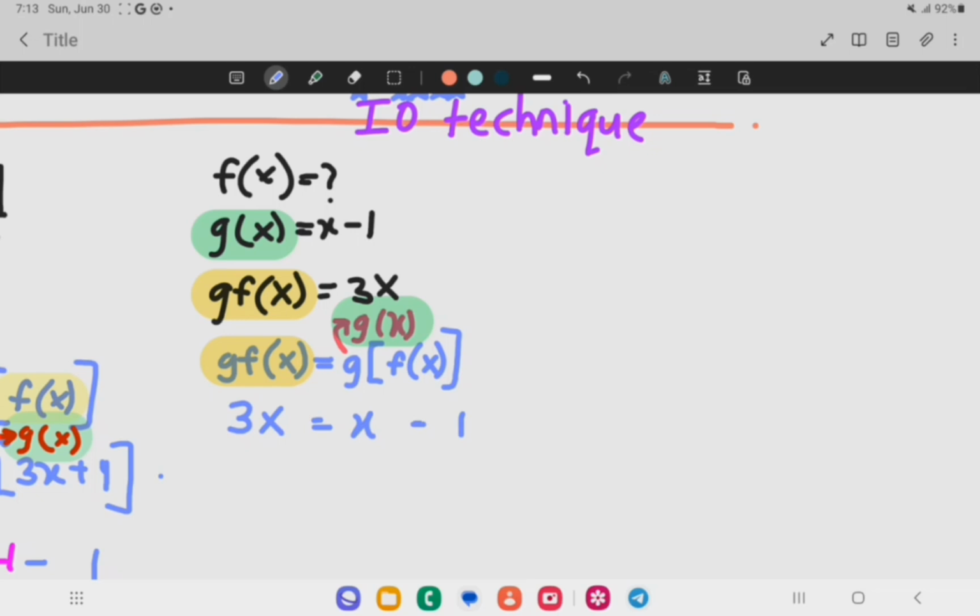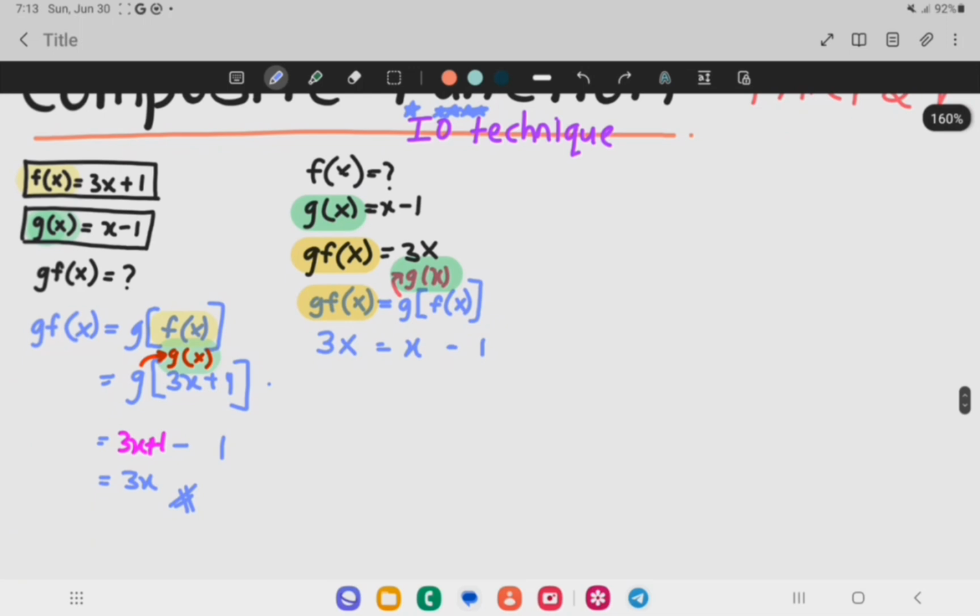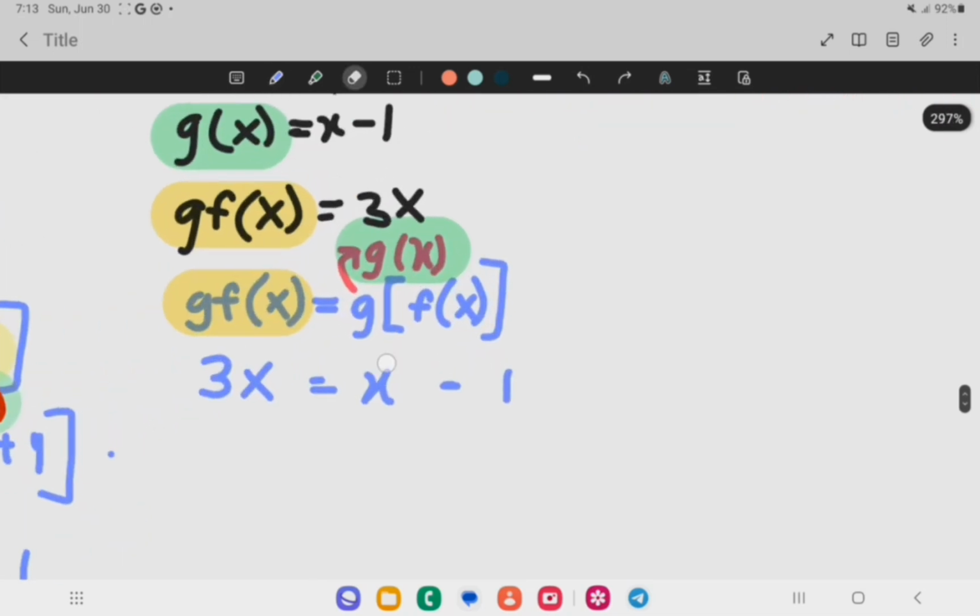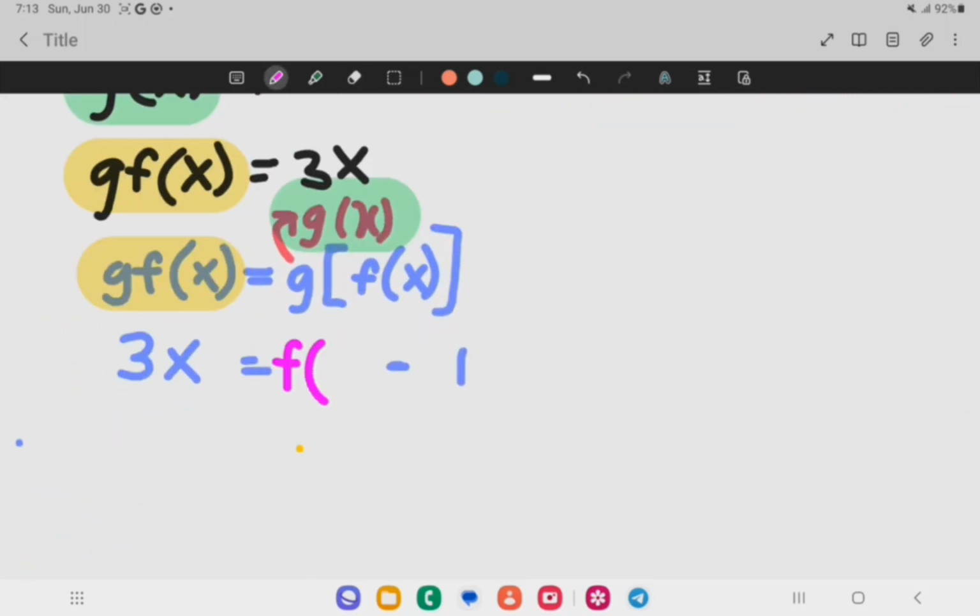But is this correct? No, it's wrong. Why? Because what we have over here is gfx. So you are required to erase this and replace it with fx.